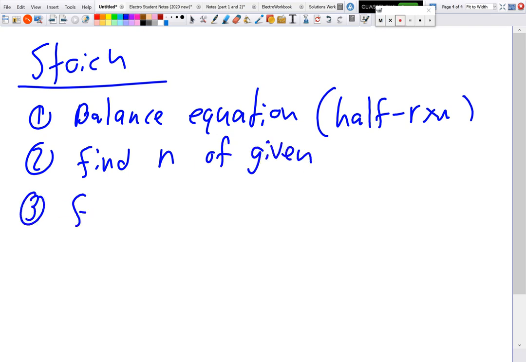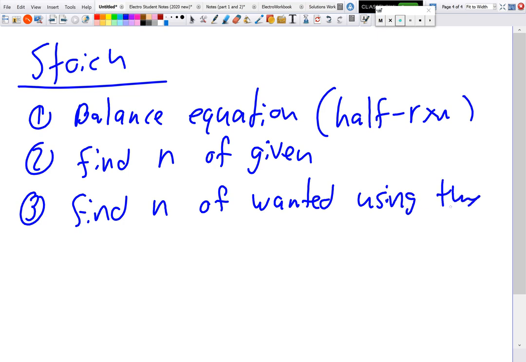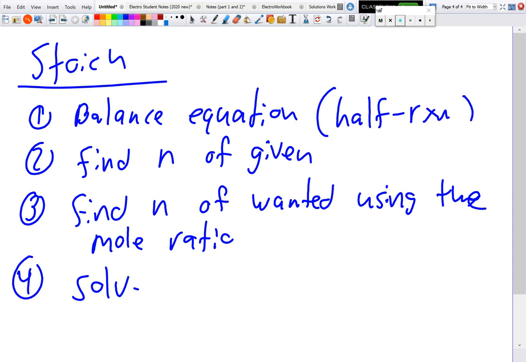Step 3 is find the number of moles of our wanted using the mole ratio. And of course, step 4 is solve the question. In the gold example, step 1 is already done for us. So now we can move on to step 2, find the number of moles of our given substance.